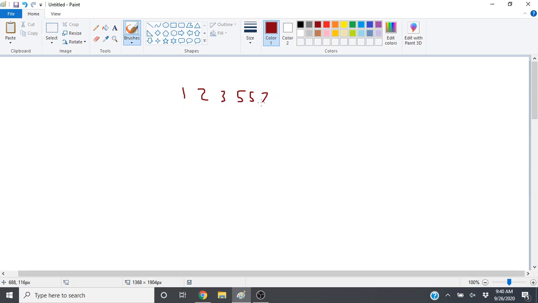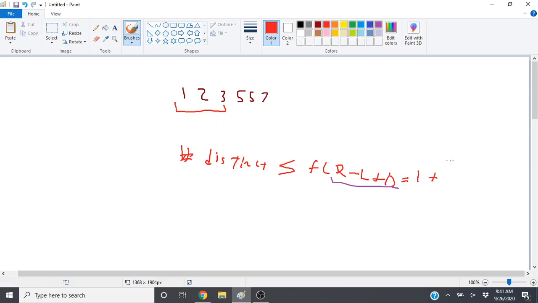And basically, we'll define a subarray to be good if the number of distinct elements is less than or equal to, we'll say, some function of r minus l plus 1, so this is some function of the length, and it's defined as 1 plus (r minus l plus 1) divided by 2.